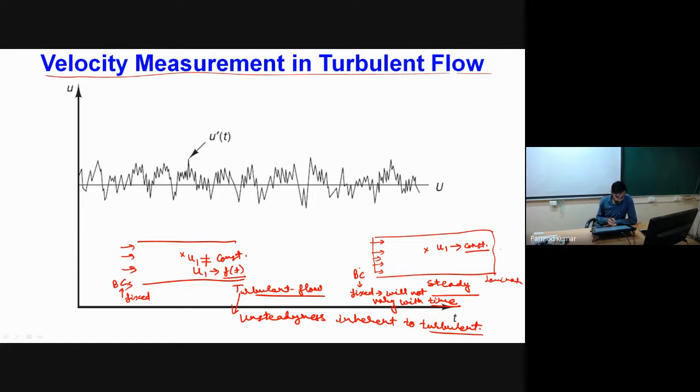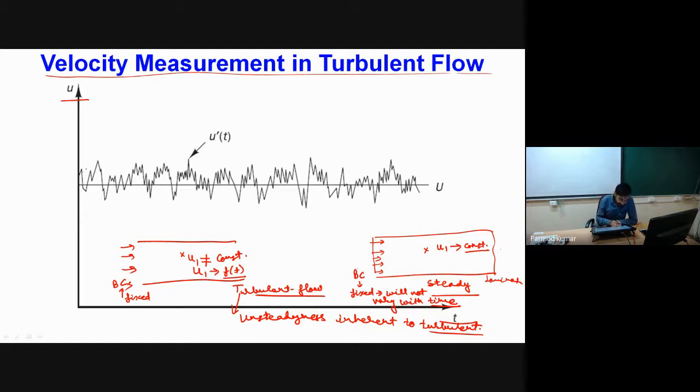Okay, so this plot, u versus t, is the measurement of velocity in some typical turbulent flow situation. At any location in some turbulent flow, we have fixed a velocity measurement probe, and with the help of that probe, we have obtained the data of velocity and plotted it as a function of time.